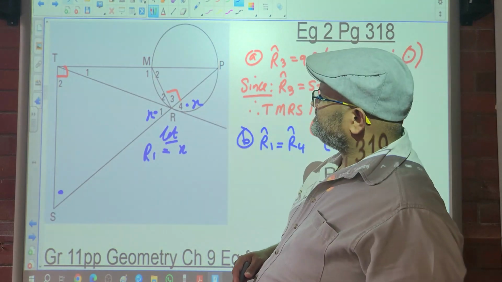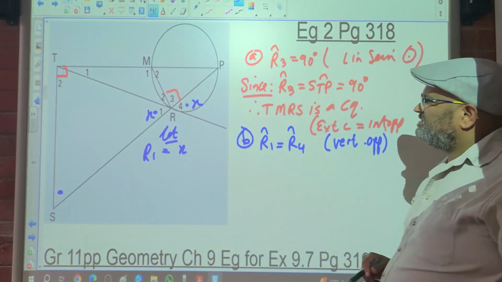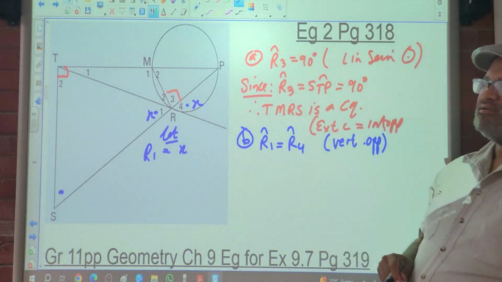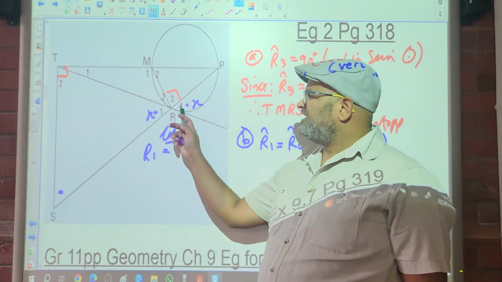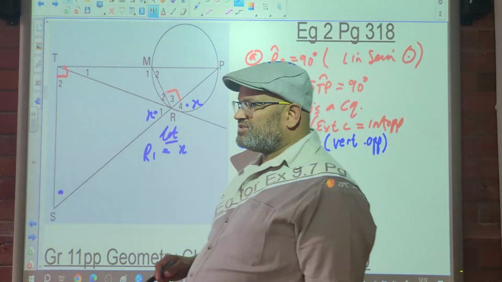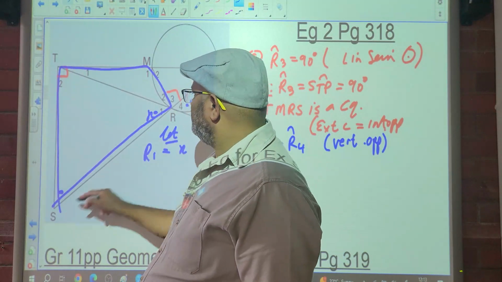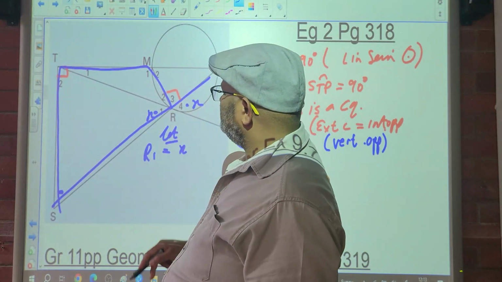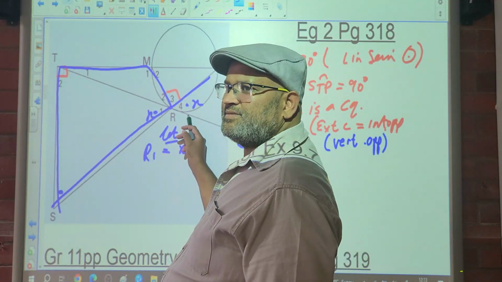Then what? R4 is equal to which angle? S. Why? Oh, cyclic quad. Here's the chord. That is the exterior. Not that one. Can you see?